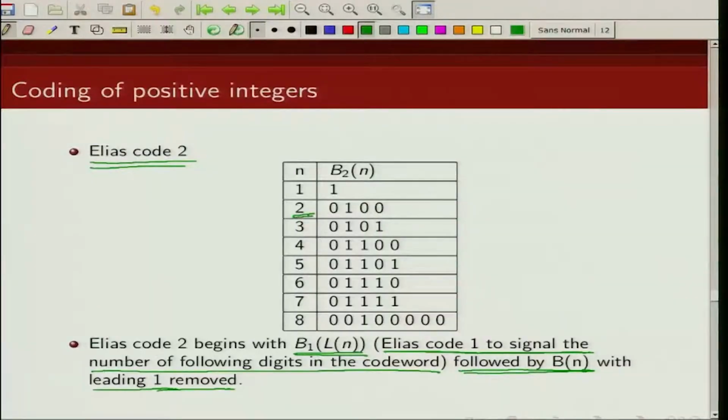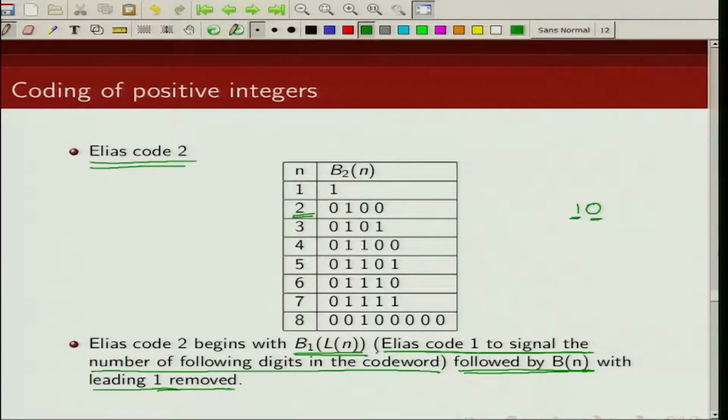So let us take an example. Let's take n equal to 2. What is the binary representation of 2? That is 1 0. Correct? Now how many digits are there in 2? That is 2. So in Elias code 2, we are going to use Elias code 1 for the number 2, because the binary representation of 2 requires 2 bits.